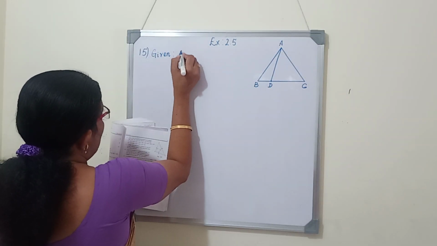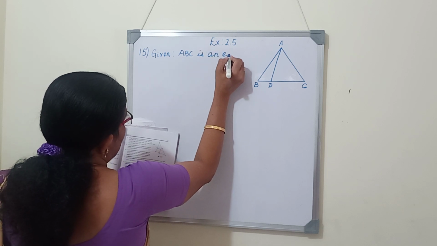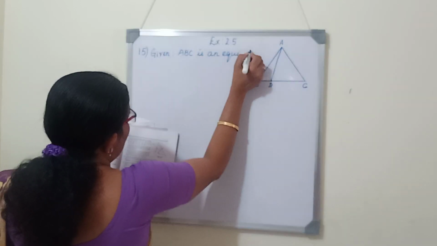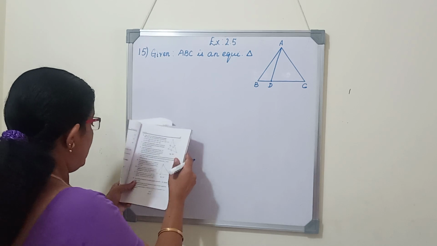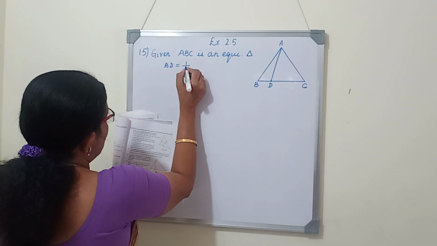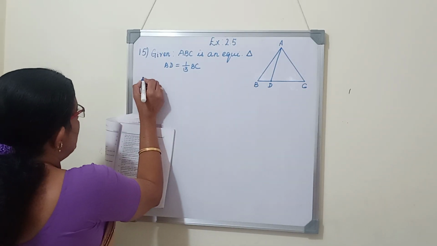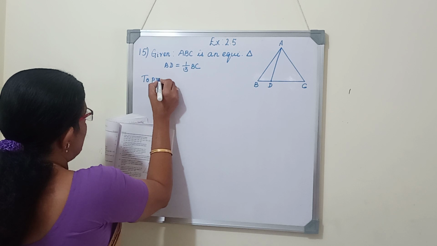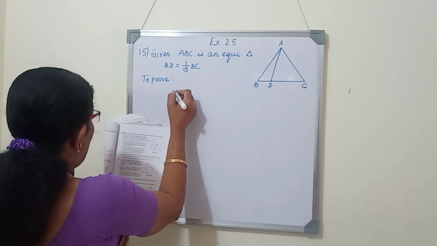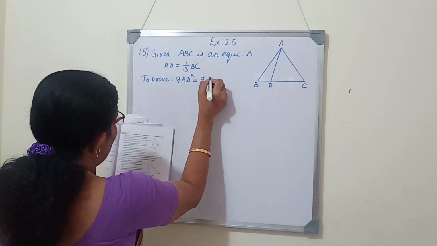So given ABC is an equilateral triangle and BD equals 1 by 3 BC. We have to prove that 9AD square equals 7AB square.